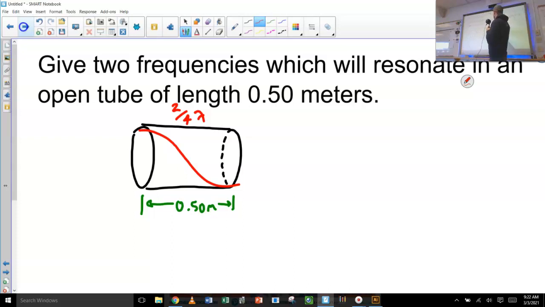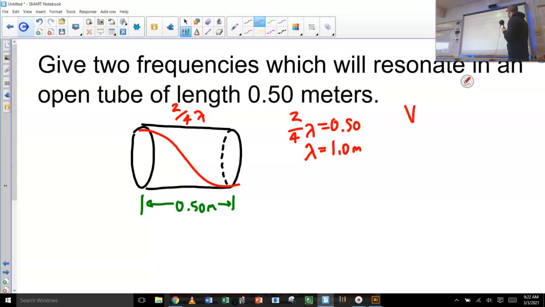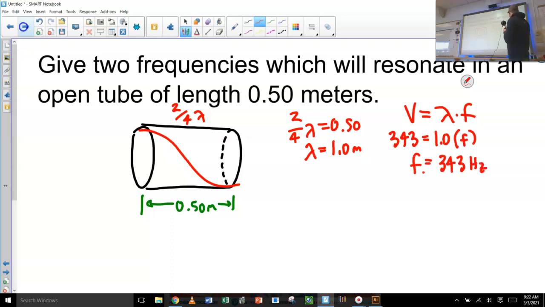So if 2/4 of a wavelength equals 0.5 meters, that means a wavelength, you multiply that by 2, is equal to 1 meter. Then, using velocity is equal to wavelength times frequency, speed of sound is 343. My wavelength is 1. And now my frequency, 343 divided by 1, is 343 hertz. So there's my first frequency.